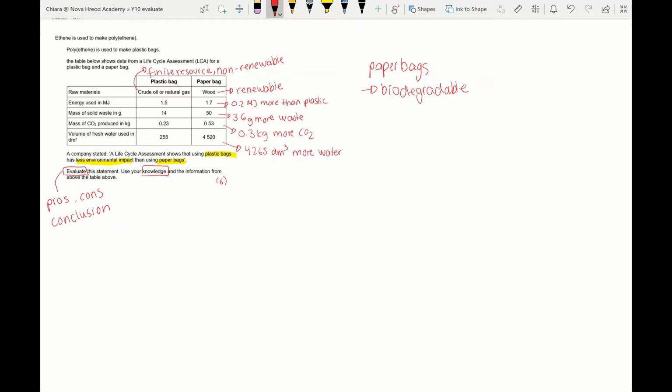And even though paper bags produce a lot more carbon dioxide per bag, if we plant trees, we can offset this carbon dioxide that's been released into the atmosphere, because the trees will reabsorb the carbon dioxide during photosynthesis.